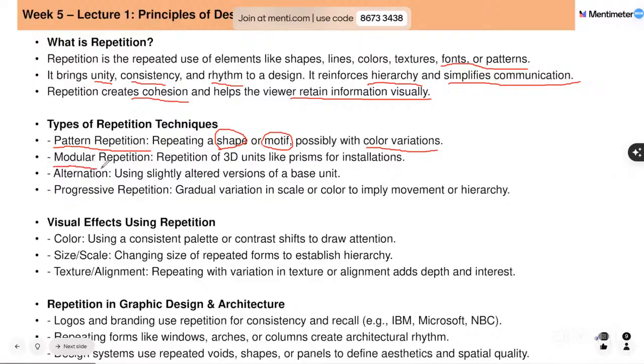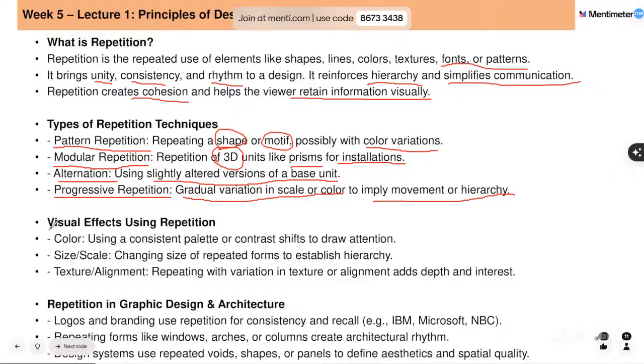Then another is modular repetition, that is repeating of three-dimensional units, say like prisms or hexagons or something like that. And it is mostly used for installations. Then we have alternation as a repetition technique where we use slightly altered versions of a base unit. Then there is progressive repetition, which is gradual variation in scale or color, because of which we imply movement or hierarchy.